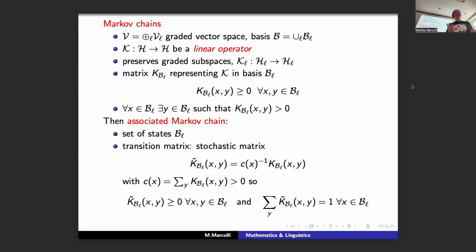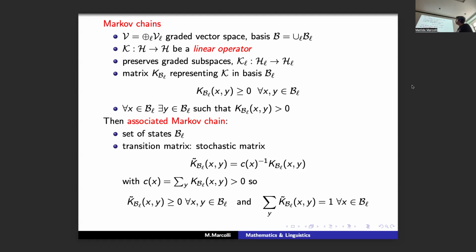These Markov chains in Hopf algebras are usually constructed for combinatorial Hopf algebras, where you have Hopf algebras that are graded connected, and where you have a chosen basis of combinatorial objects like trees or forests or graphs or whatever. So you assume that you start with a linear map on this, seen just as a vector space, that preserves the graded subspaces.